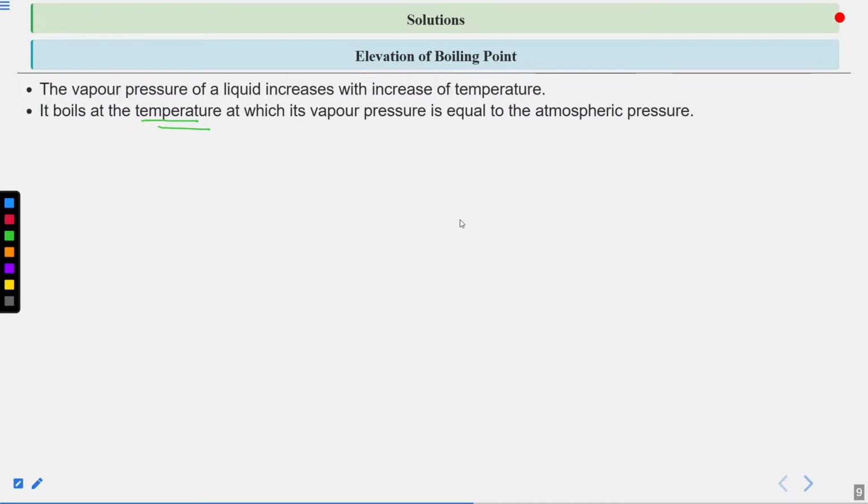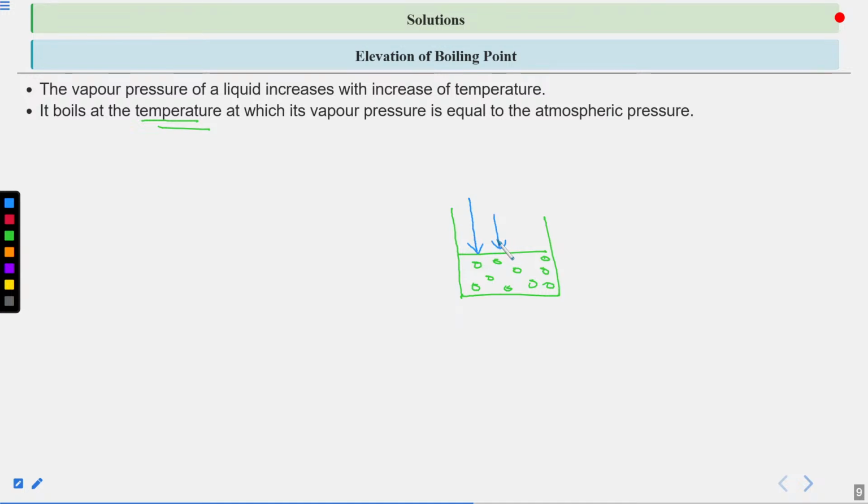Now let me explain this with the help of this diagram here. Suppose you have your liquid here, you have your liquid molecules here. The only reason your liquid molecules are not getting converted into the gas phase is that there is atmospheric pressure present.